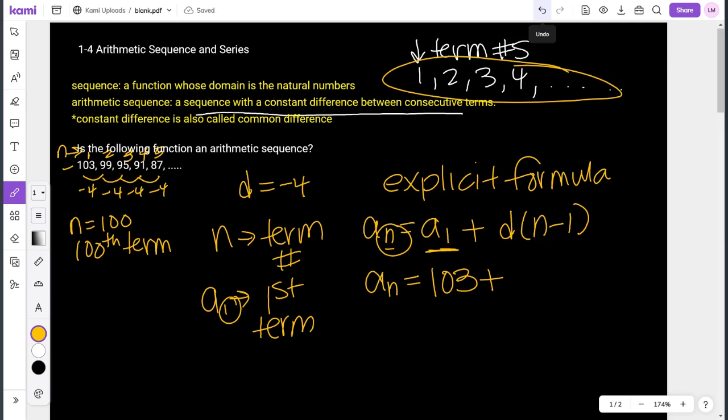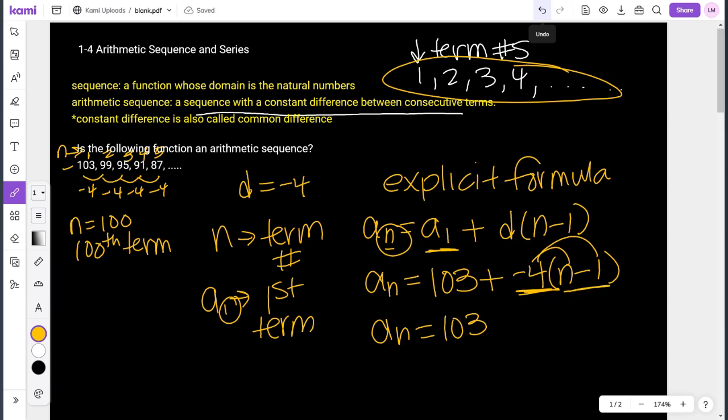So my common difference is -4 times n minus 1. So remember, n is the term number that I'm looking for. All right, so we're going to clean this up. So a sub n equals 103. I don't need the plus minus, but I am going to distribute the -4 through, and I'm just going to remind you, when we distribute a negative through, it changes the signs of everything in here.